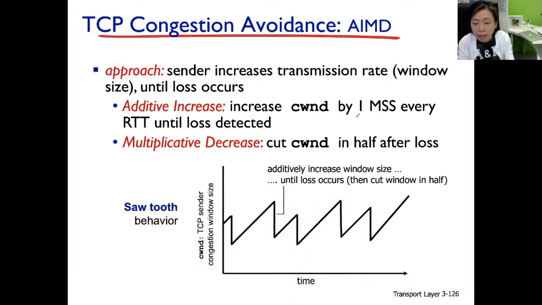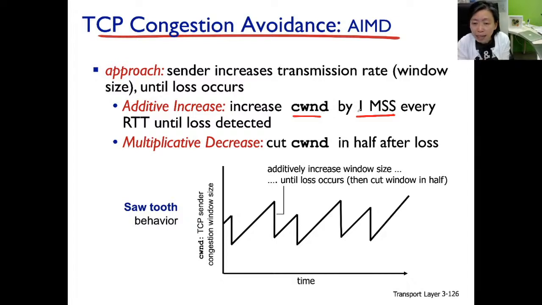One thing I want to add is this. We say we increase the window size by one packet per round trip time, but TCP sequence numbers count data by bytes. The window size is therefore also counting the maximum amount of data we could send out in bytes. So what do we mean by increasing the window size by one packet? That doesn't make sense. How do we implement that?